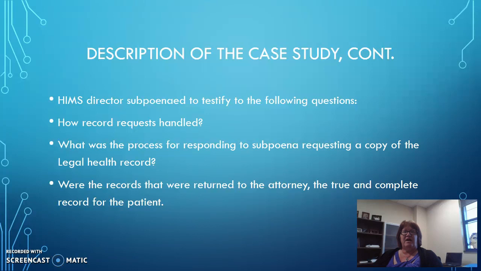Then they would have to fill out multiple sections, for example, the date of service and what type of records they need. Do they want admission history? Consult reports? Progress notes from the physicians? Discharge summary? Nursing notes? Labs? X-ray reports?